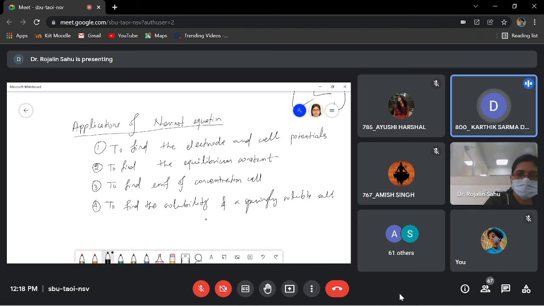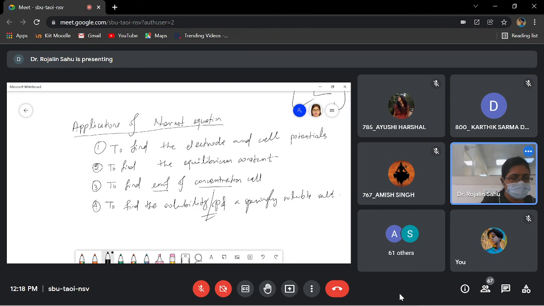Ma'am, what is the third point? To find the EMF of a concentration cell, to find the solubility and solubility product. This one actually sometimes you will get some question, but this is not much important. But the most important part is to find the pH of an unknown aqueous solution. So this is very important. You will definitely get a question in your end semester.